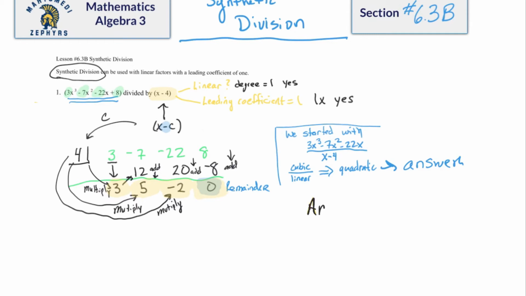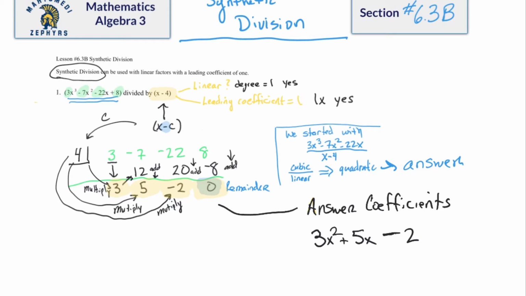So we take those coefficients and we can write down our answer. We have 3, 5, negative 2 for our coefficients. 3x squared plus 5x minus 2 matches the numbers I got with my synthetic division, and therefore I have my result.